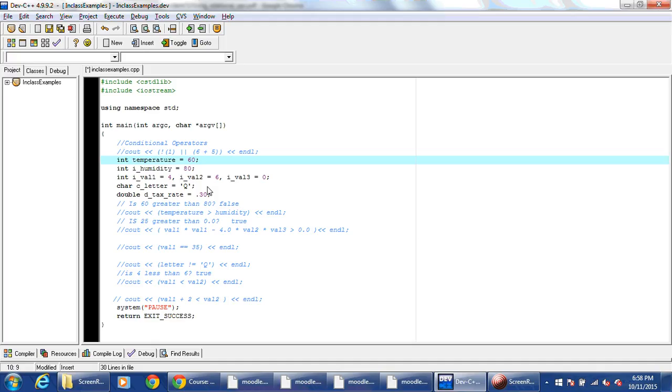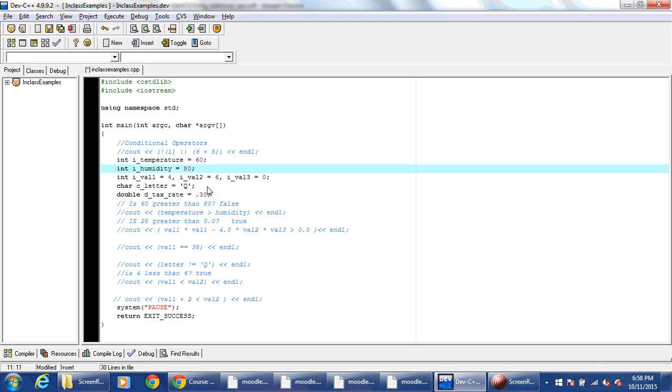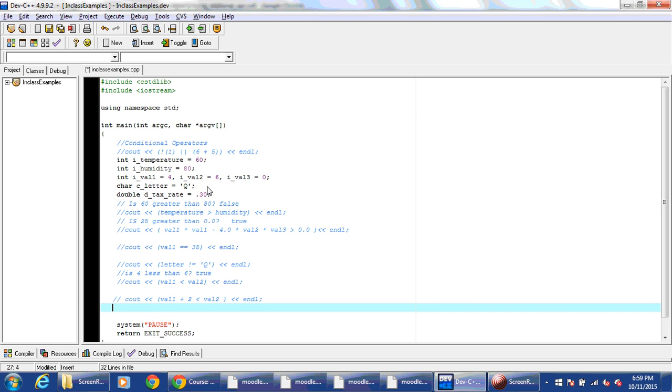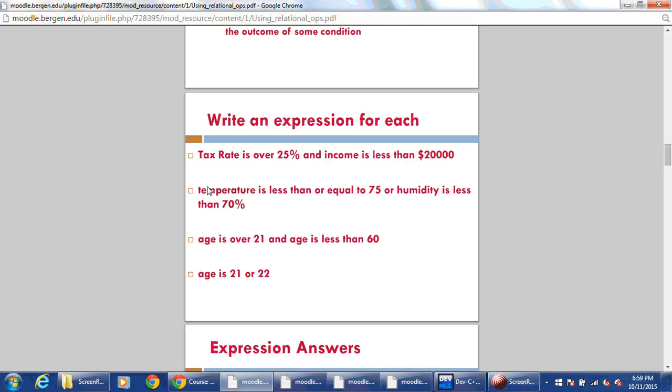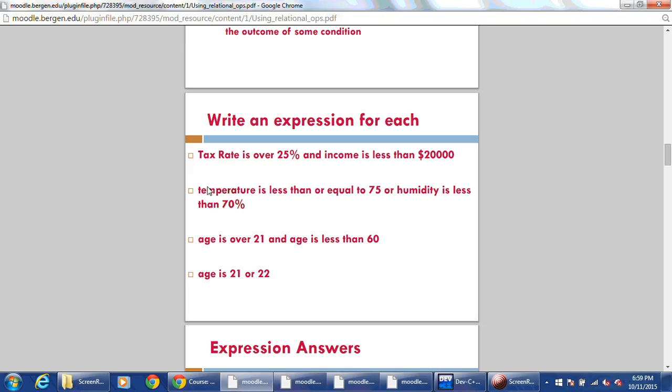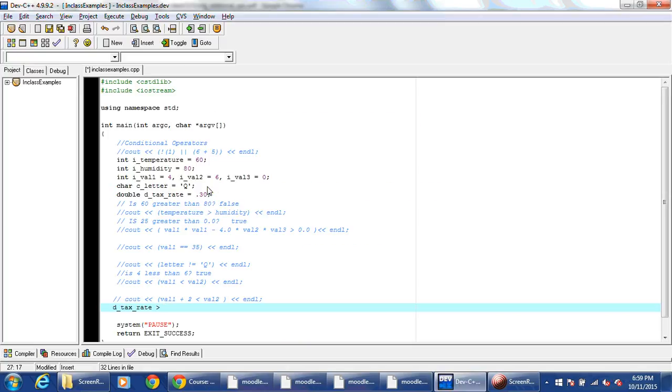So what I'm asking you to do is write a relational logical expression with this. So tax rate is over 25%. Over means greater than, right? You have to look at the key words in these examples. So over, greater than 25%. How do you represent a percentage in C++? You have to represent it as a decimal number, so 0.25.